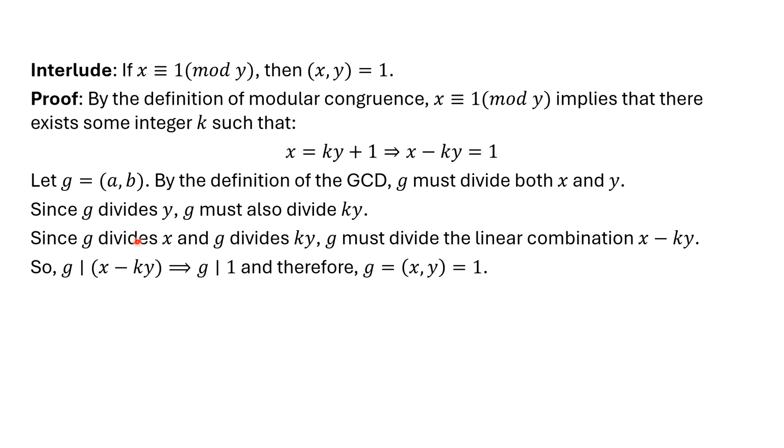Since g divides x and g divides ky, g must divide the linear combination x minus ky, but that equals 1, so g must divide 1, and that implies that the GCD of x and y, which equals g, is 1.